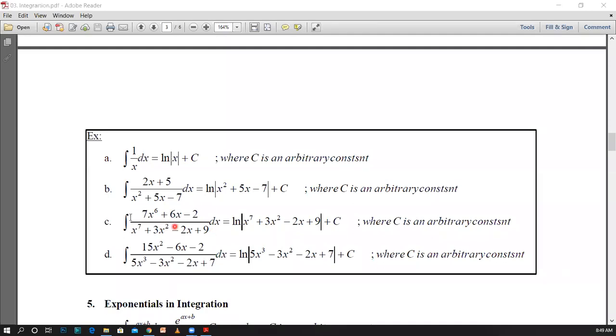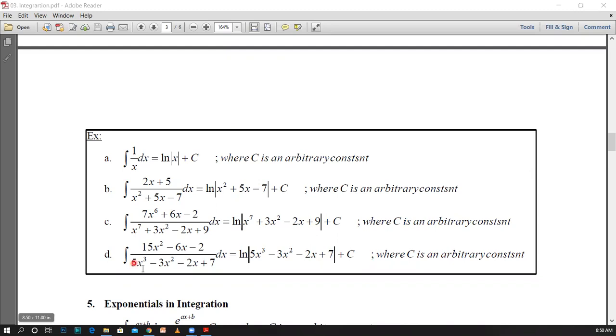Therefore, for such an integral, you can use the concept under logarithm, and you will get a natural logarithmic function, and the function inside the natural logarithm would be x to the power 7 plus 3x squared minus 2x plus 9, and at the end you have to add the arbitrary constant c.